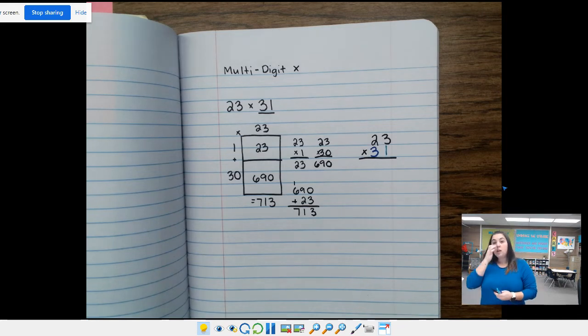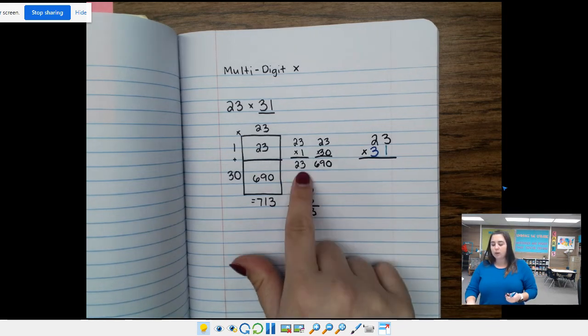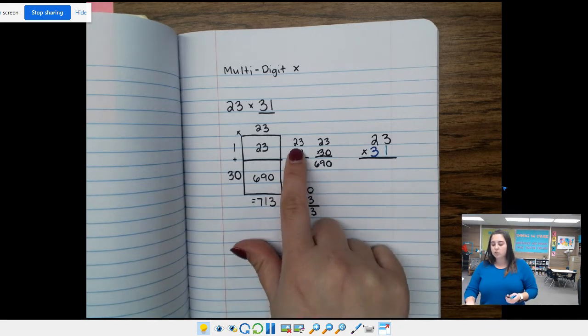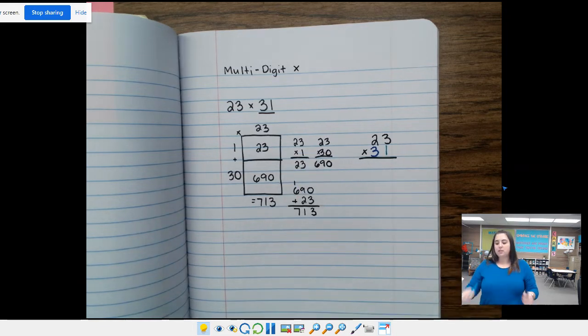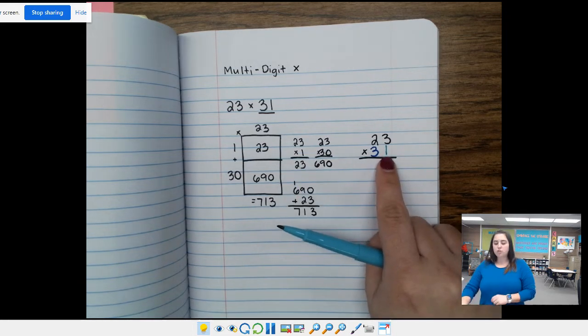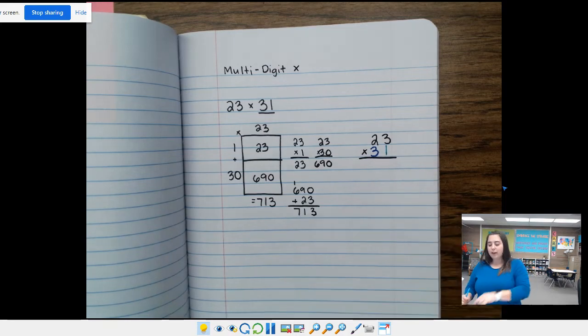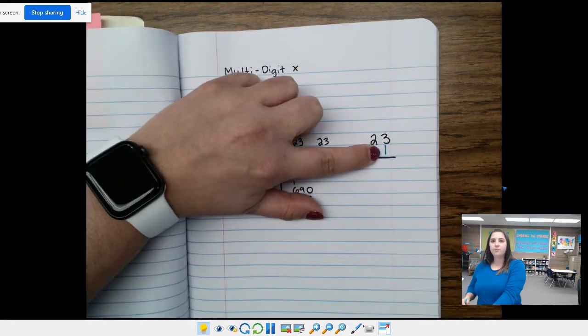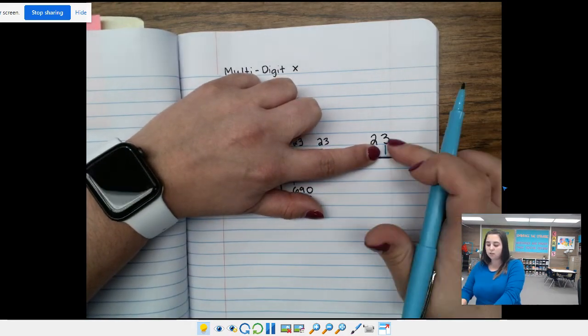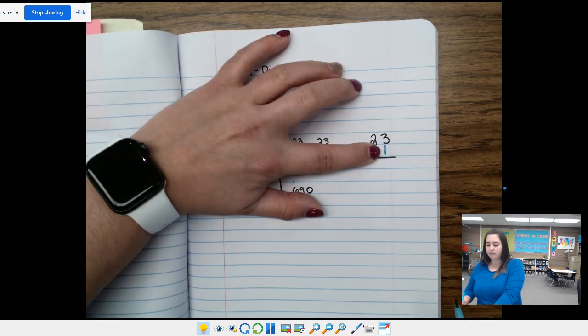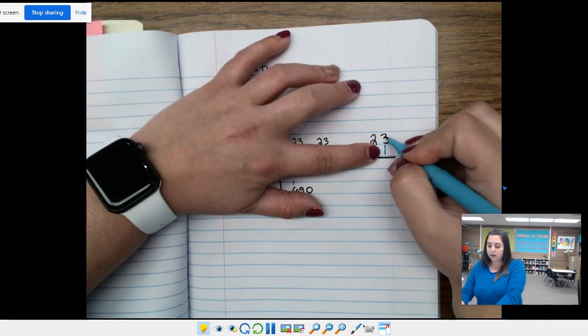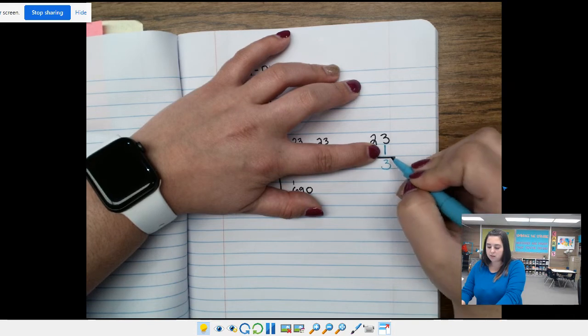The first thing we're going to solve, just like we did over here, is our 23 times 1. So I'm going to use that light blue, just like I was using for my 1. And for right now, I can ignore that other 3. This is just 23 times 1. So I'm going to take my 1 and multiply it by each of those parts.